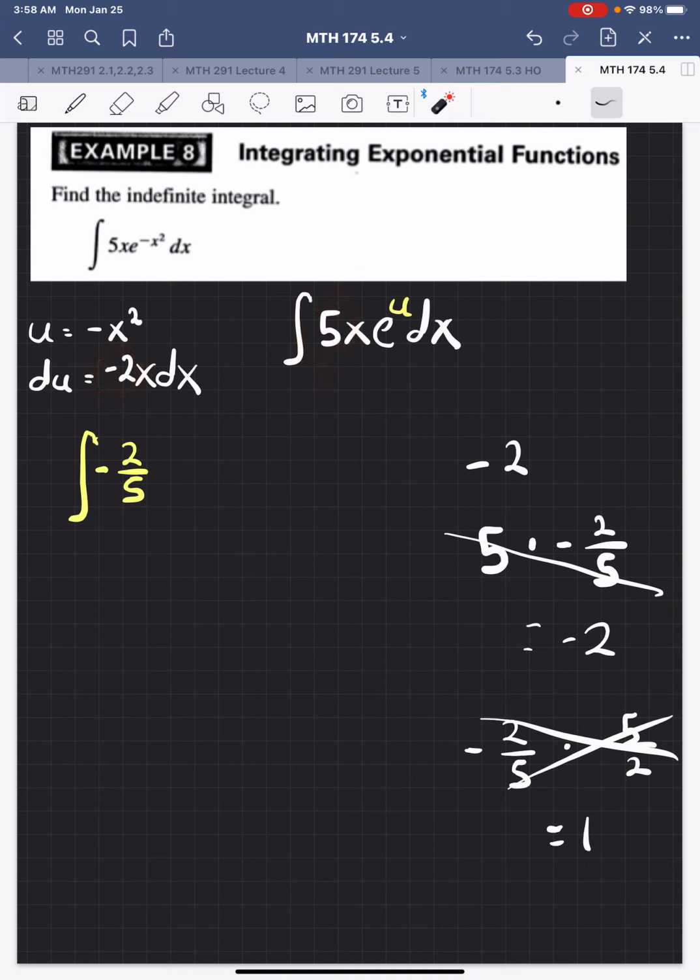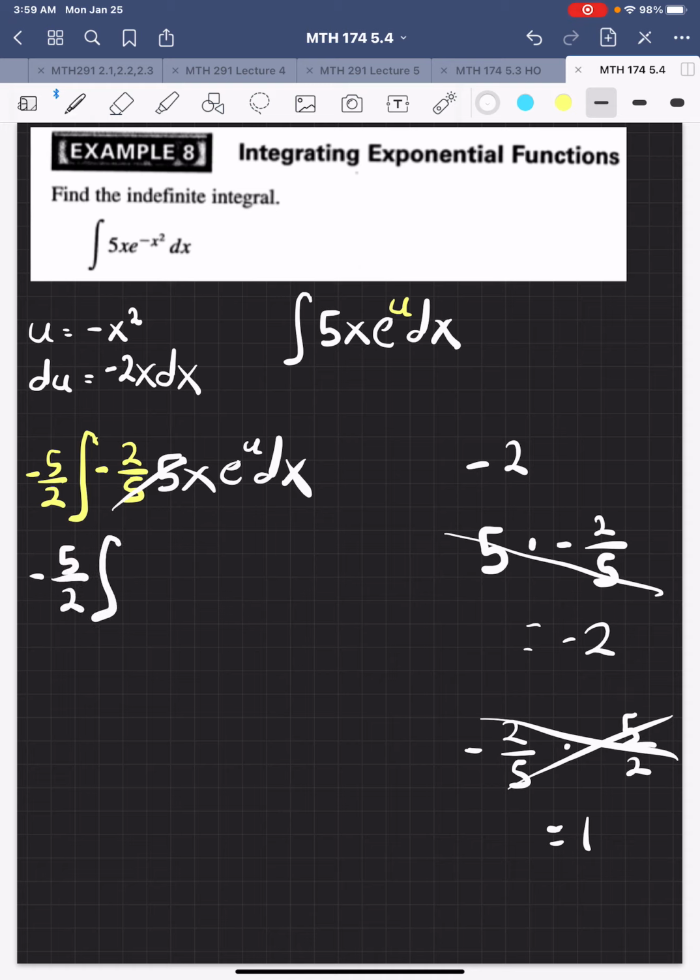But if I'm going to do that, then I'm also going to have to multiply the outside by negative 5/2, right? So at that stage, I'll go ahead and write what's left. So now I have 5x e to the u dx. All right, so these cancel. So now I have negative 5/2, and I got to integrate. And the only thing left is negative 2x e to the u dx.